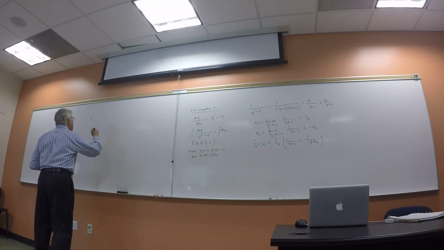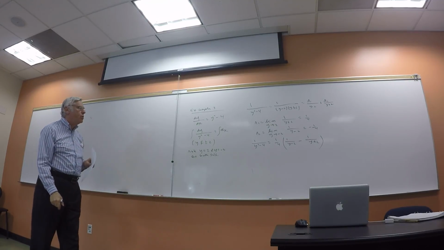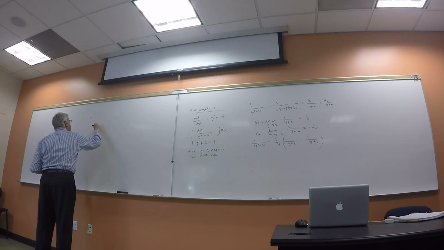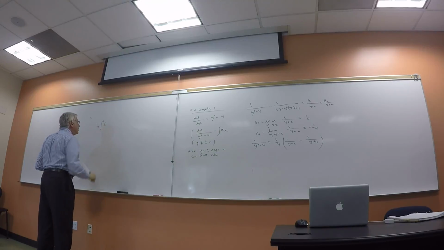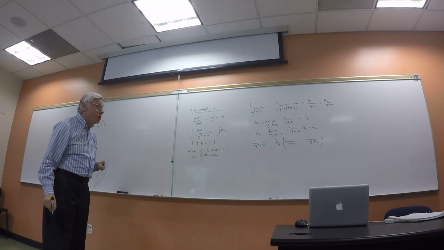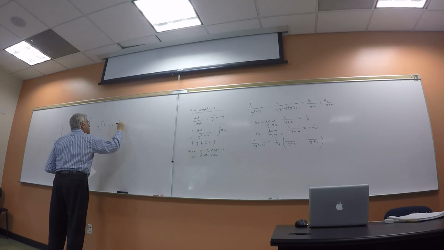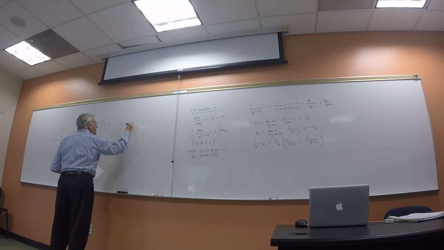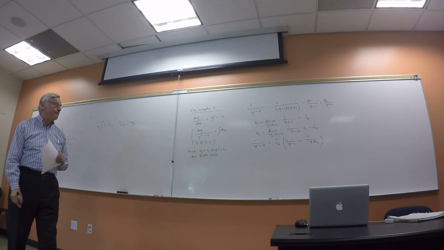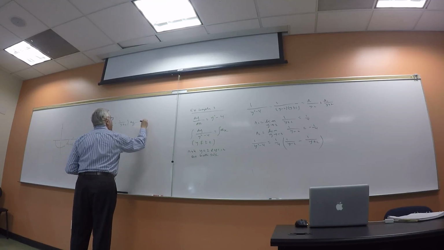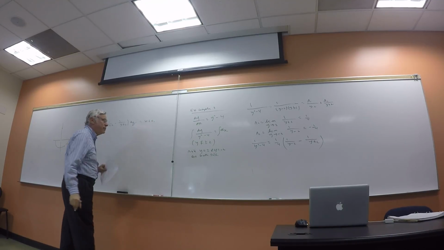On the left-hand side, I have the integral dy, 1 over y squared minus 4, which really comes out to be the 1/4 times the integral of 1 over y minus 2 minus 1 over y plus 2 dy, is equal, on the right-hand side, to x plus an arbitrary constant. Right? That one's easy.